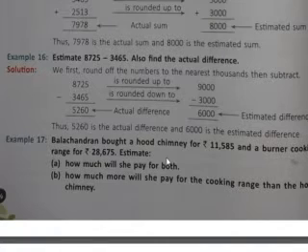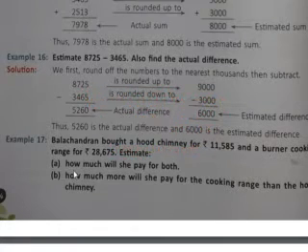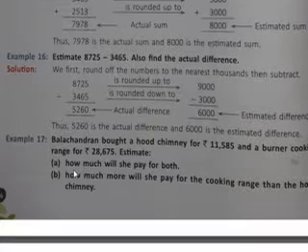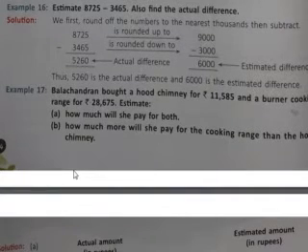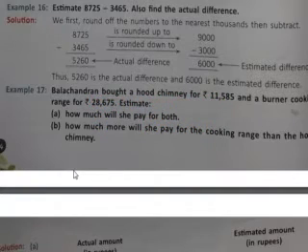Here the highest place order is 10,000, and here also it is 10,000 only. 28,000, 2 is at the 10,000 place, and here also 1 is at the 10,000 place. So we will round to the nearest 10,000. How much will she pay for both? You will find the actual, and then the estimated price also. How much more will she pay for the cooking range than the wood chimney?